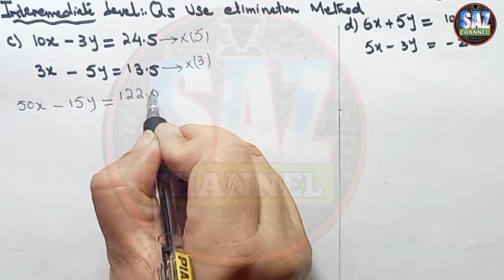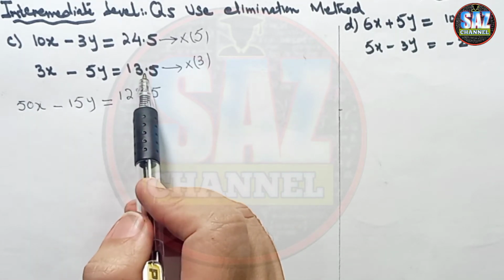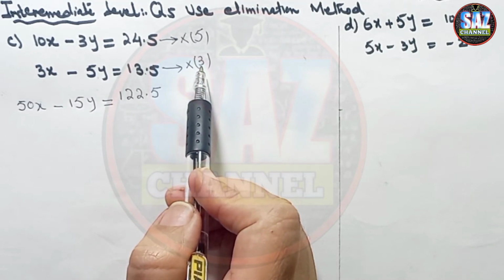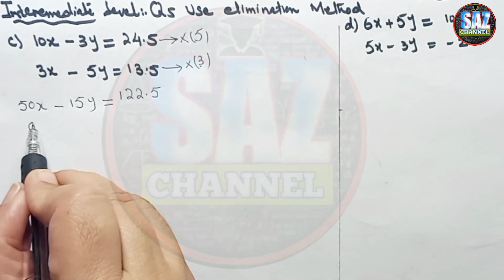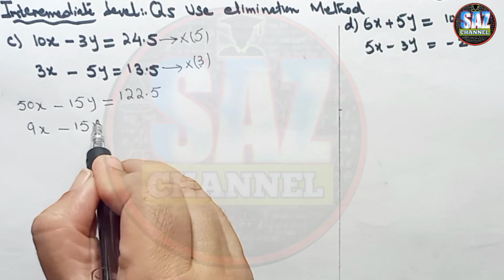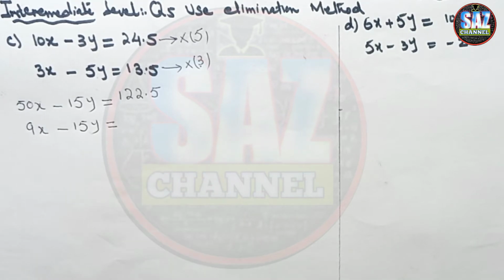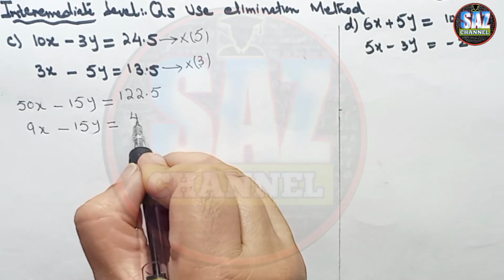Now coming to the second equation, that is 3x minus 5y equals to 13.5. We are multiplying this equation by 3. So when 3 will be multiplied by 3, it will give me 9x minus 15y equals to 13.5 multiplied by 3, and that is 40.5.